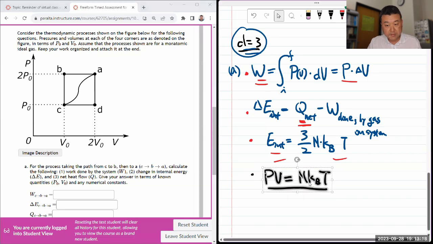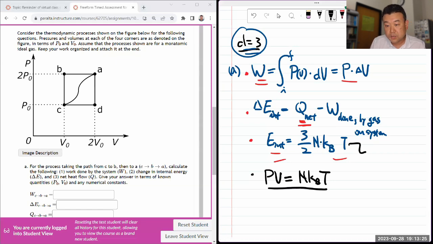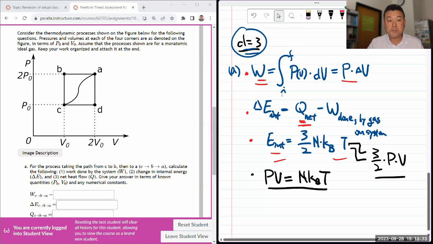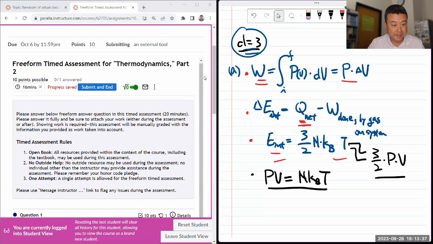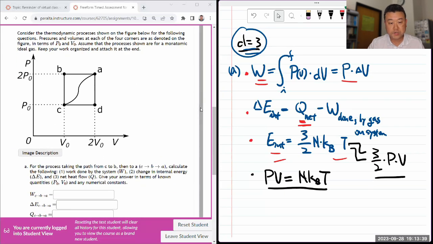Well, you can re-express N k_B T in terms of pressure and volume. So it would be 3/2 times pressure times volume. These are the tools in your toolbox that you should keep in mind as you work through a question like this.